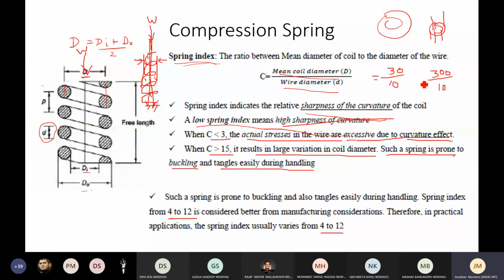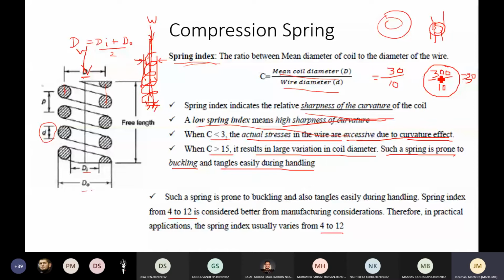Large variation, that is what I said. Now I'll give an example. You can take 300 by 10. Even if you take 150, it is 15. Anyway, large variation means a large difference between the coil diameter and the wire diameter. Compared to the coil, this wire seems to be very thin.